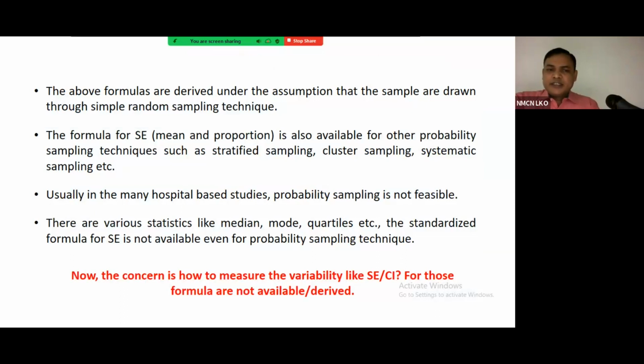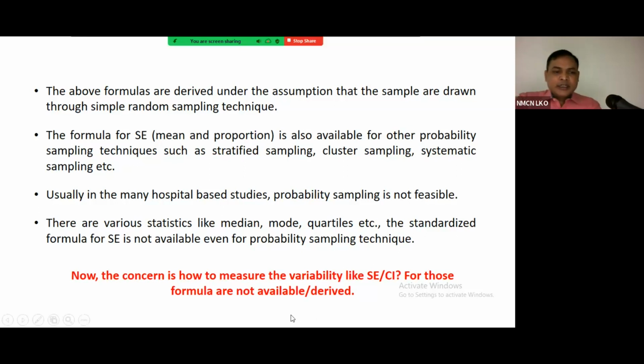The formulas for standard error like mean and proportion are also available for other probability sampling techniques such as stratified sampling, cluster sampling, systematic sampling, etc. Usually in many hospital based studies, probability sampling is not possible, because most of the time we are taking data either from the OPD or only from those patients who are registered in the SGPGI. We are taking samples as per their availability, not from the whole population.